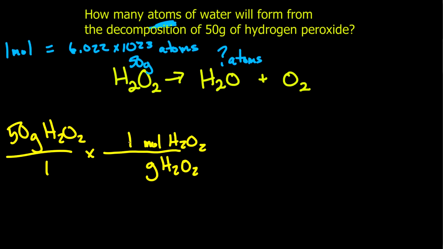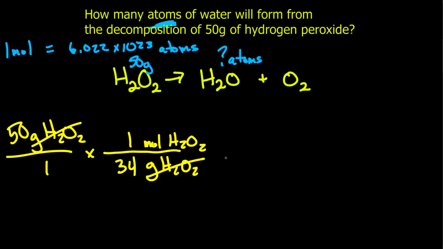Well, how many grams are in 1 mole of H2O2? Oxygen is 16. There's 2 of them, so that's 32, plus another 2 for the 2 hydrogens. So that's going to be, what, 34 grams?